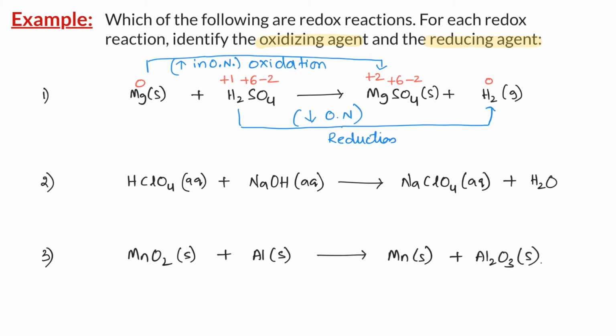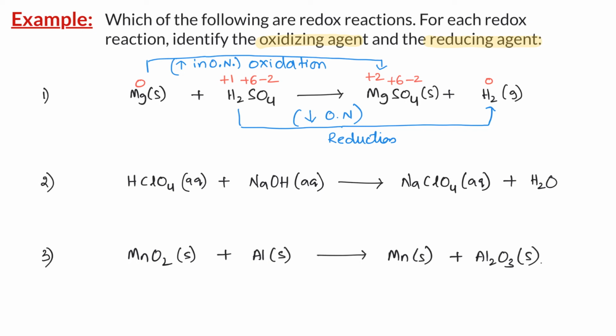Now let us answer the second part of the question. That is, we need to identify the oxidizing agent and reducing agent. We learned in the earlier video that an oxidizing agent undergoes reduction in the reaction and a reducing agent undergoes oxidation in the reaction.